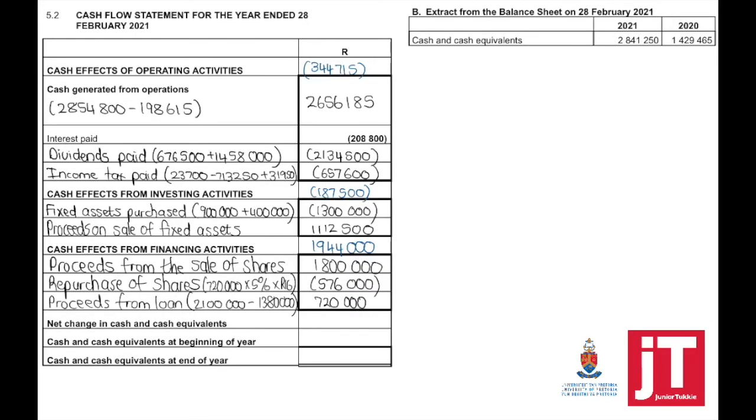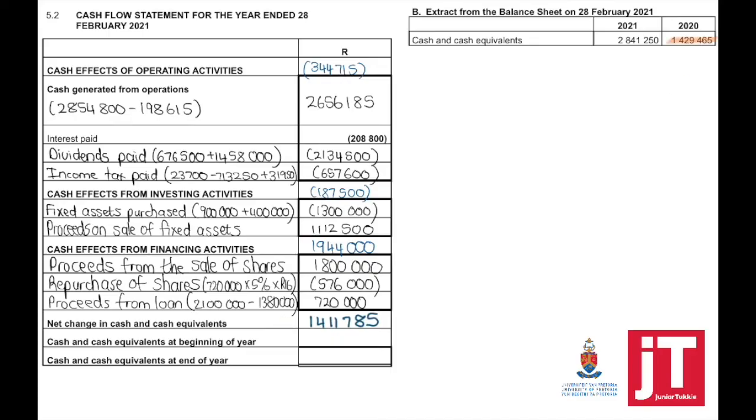We have now completed the cash flow statement for the year ended 28th February. We've looked at the cash effect from operating activity, financing activity, and investing activity. Our last step is to calculate the net change in cash and cash equivalents. So the cash effect from the operating activities minus investing activities plus financing activities equals the net change.